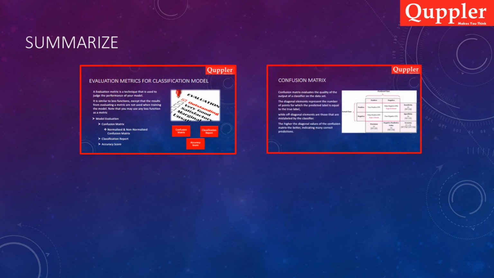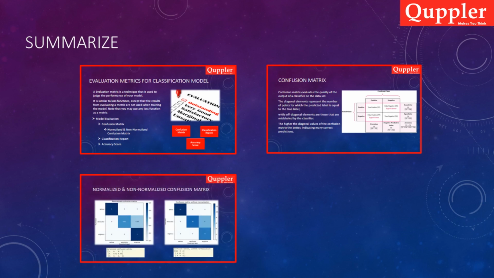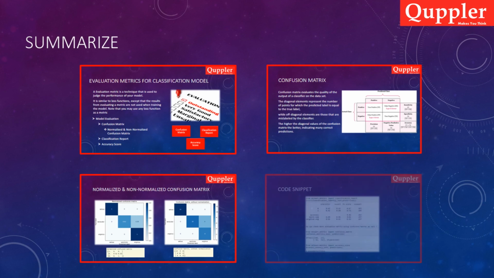Next we got to know about the confusion matrix, what it is, and the different terminologies associated with it. Then we learned the types of confusion matrix in detail. And at last we jumped into the code snippet to know how the different metrics can be called in code to know the accuracy of your model.